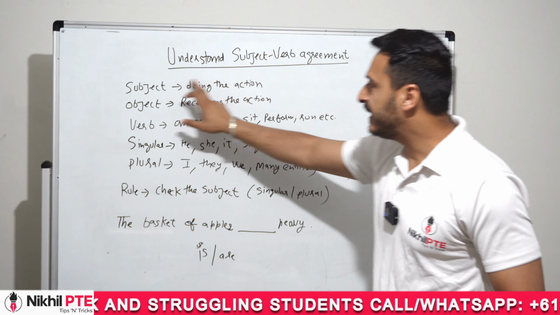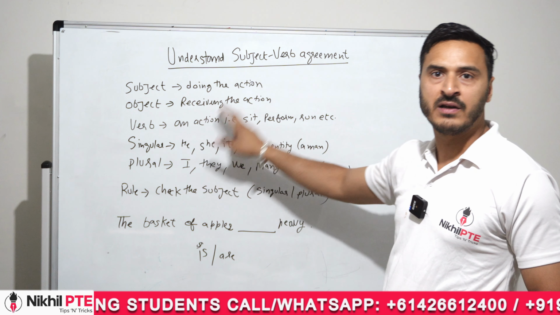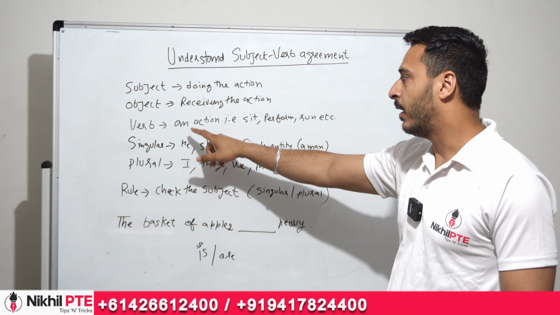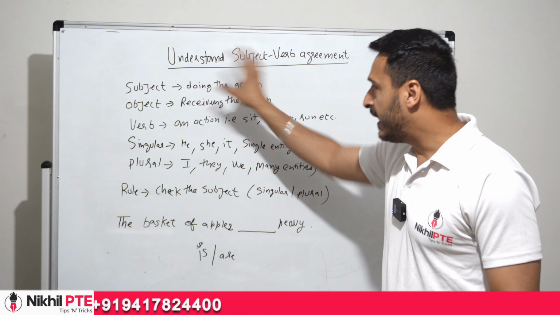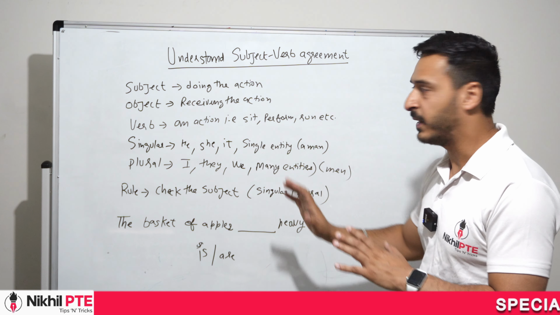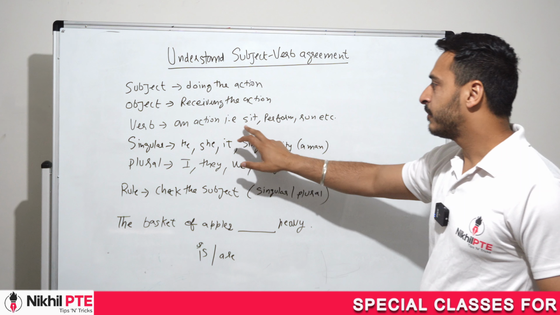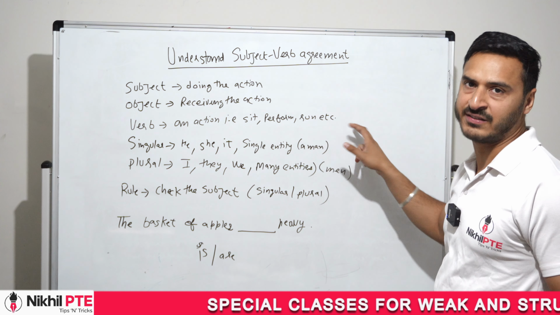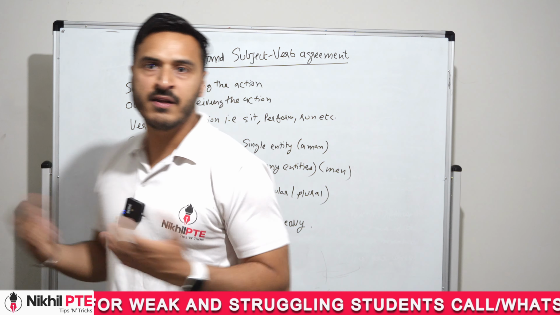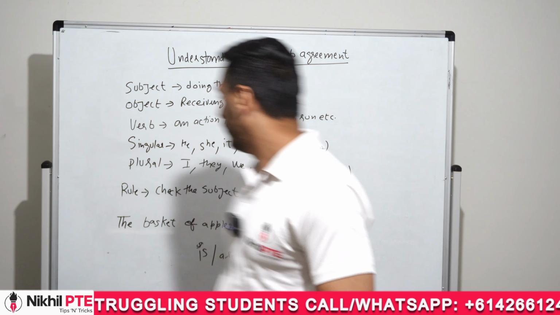These are the three basic pillars of this topic: subject, verb, and object. These three pillars work together. How? With the help of an example, I will explain. An action means sit, perform, run, etc. I'm running. Here is an action, right?